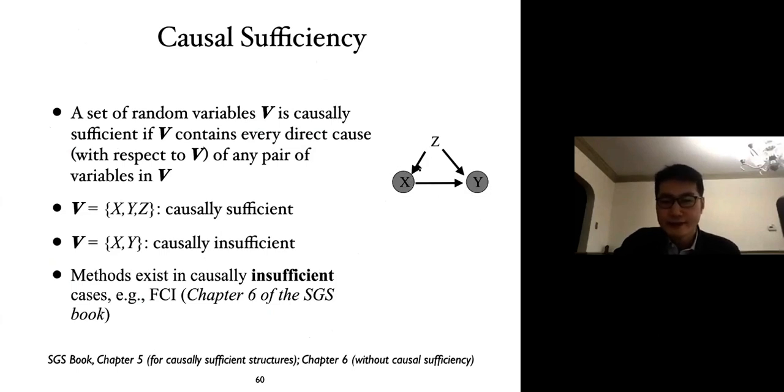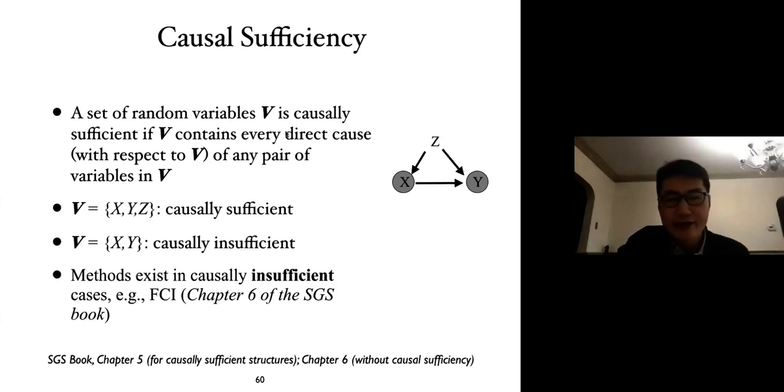So here you can see if V is {X, Y, Z}, then it's causally sufficient because the direct common cause of X and Y, which is Z, is also in the set of random variables. And if V is only the set {X, Y}, then it's not causally sufficient because the direct common cause of X and Y, which is Z, is not in the set V. So it's very intuitive.